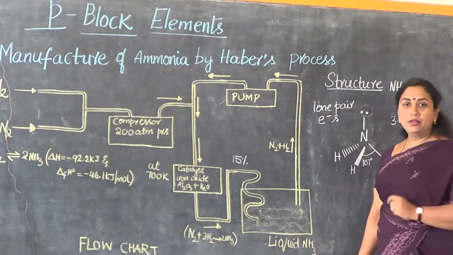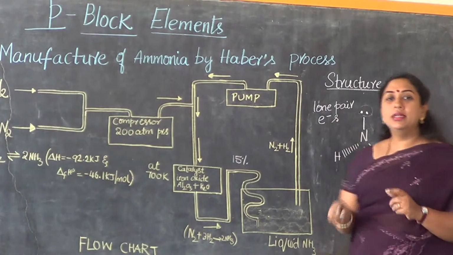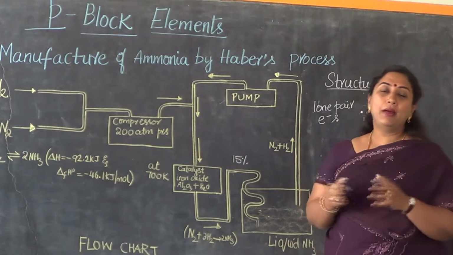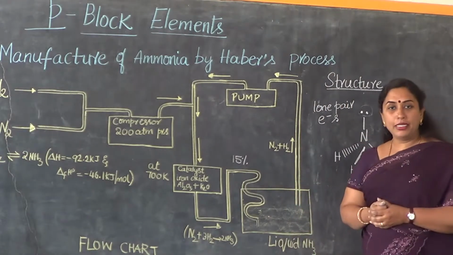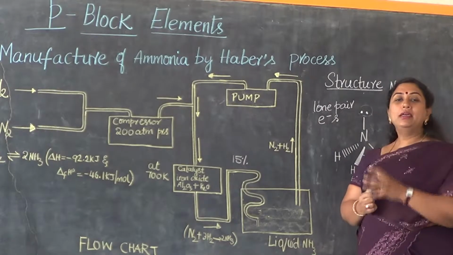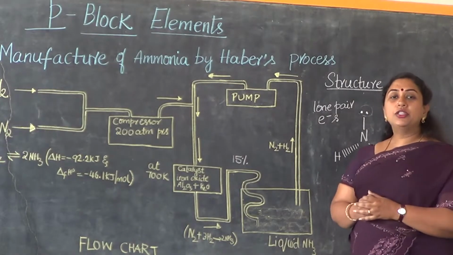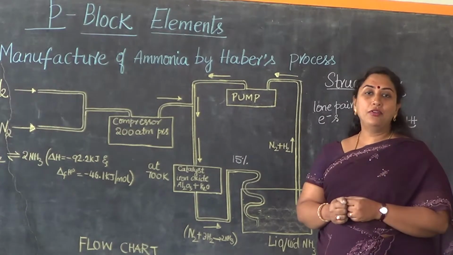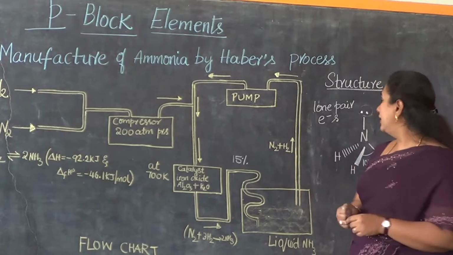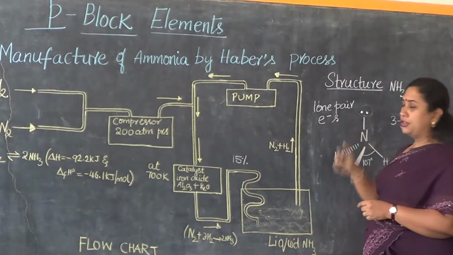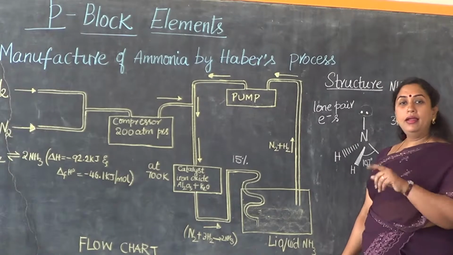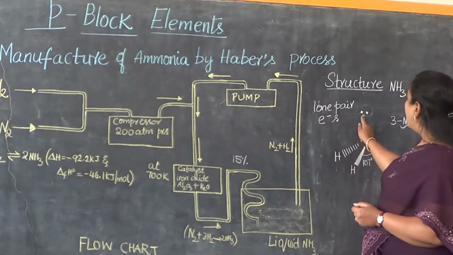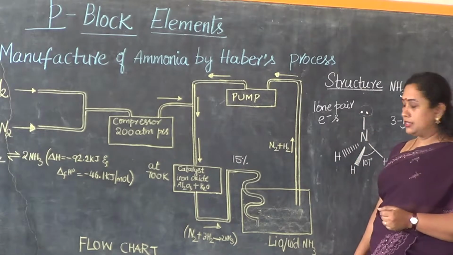A pair of electrons which are present in the valence shell of the atom, which has not participated in bond formation. Such pairs of electrons present in the valence shell of the atom without undergoing bond formation are referred to as lone pairs of electrons. And in nitrogen, we see the presence of 1 lone pair of electrons.